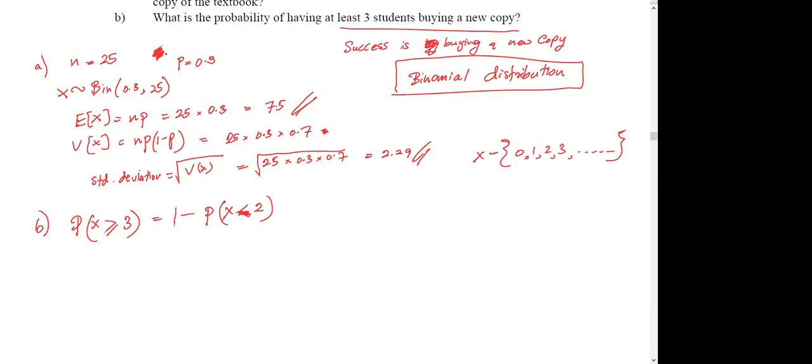Clear? So you can find this using the binomial table. There are two ways to find the solution for this particular problem. The first one, I'll use option number 1.